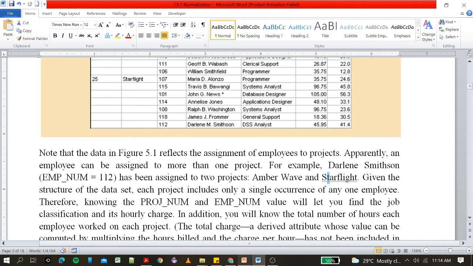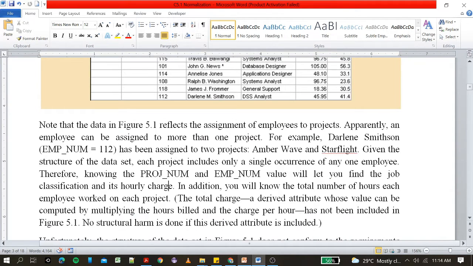Given the structure of the dataset, each project includes only a single occurrence of any one employee. Therefore, knowing the project number and employee number value will let you find the job classification and its hourly charge. In addition, you will know the total number of hours each employee worked on each project.